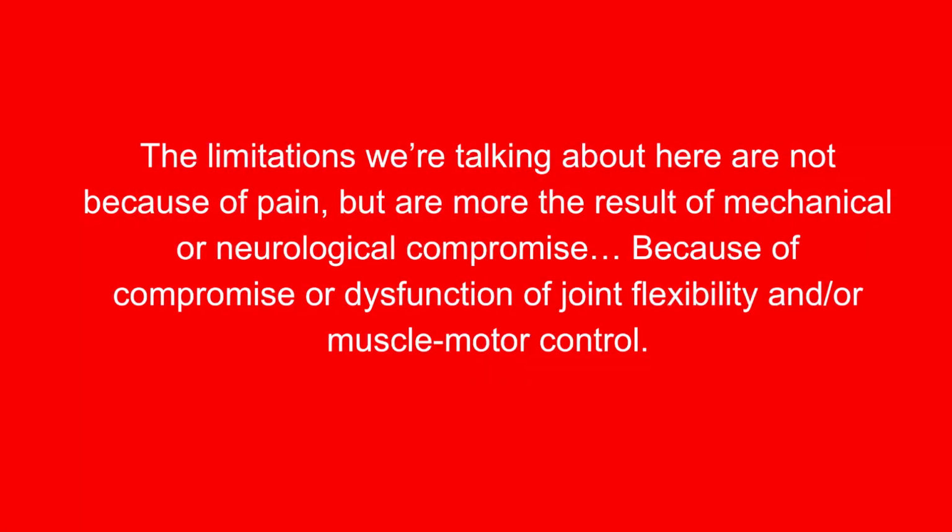Again, this is similar to what we discussed with a movement-sensitive hip a moment ago. But the big difference here is that in that case, the motions were limited by pain. But the limitations we're talking about here are not so much because the hip hurts, but more the result of mechanical or neurological compromise because of dysfunction of joint flexibility and or muscle or motor control.